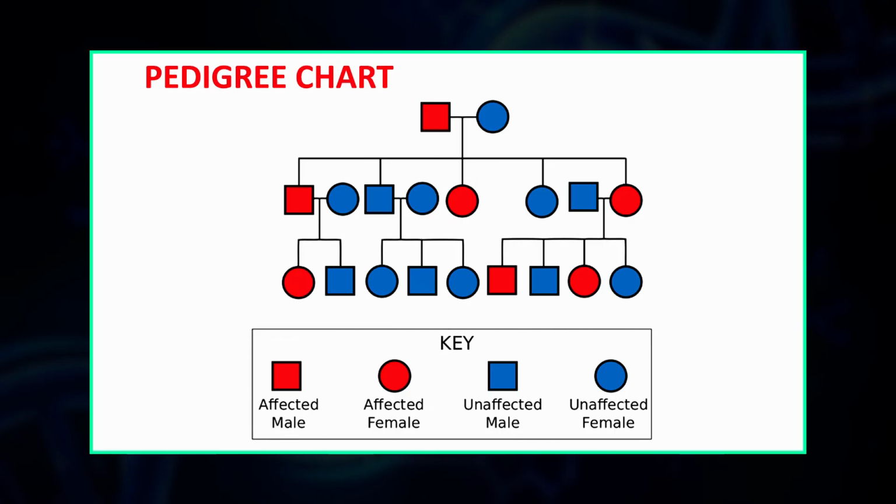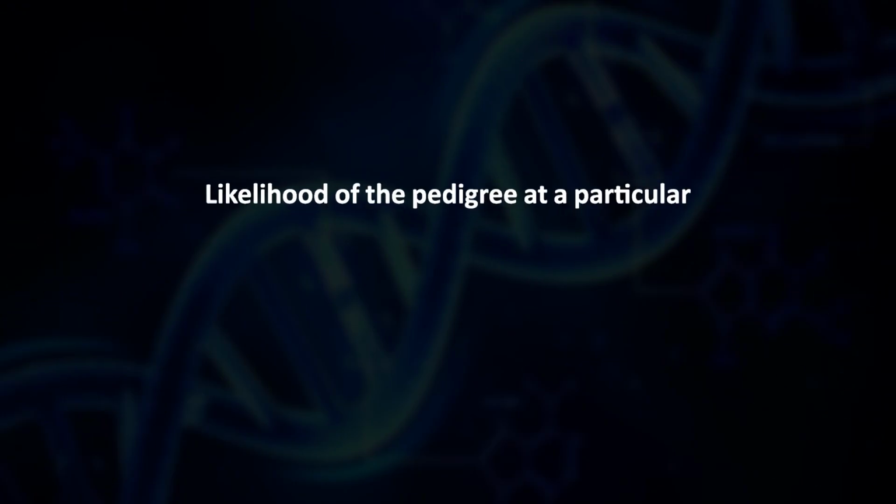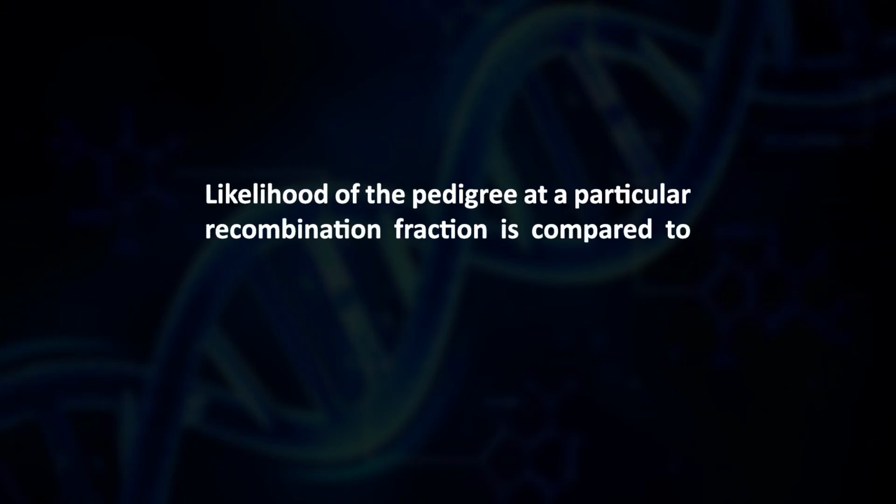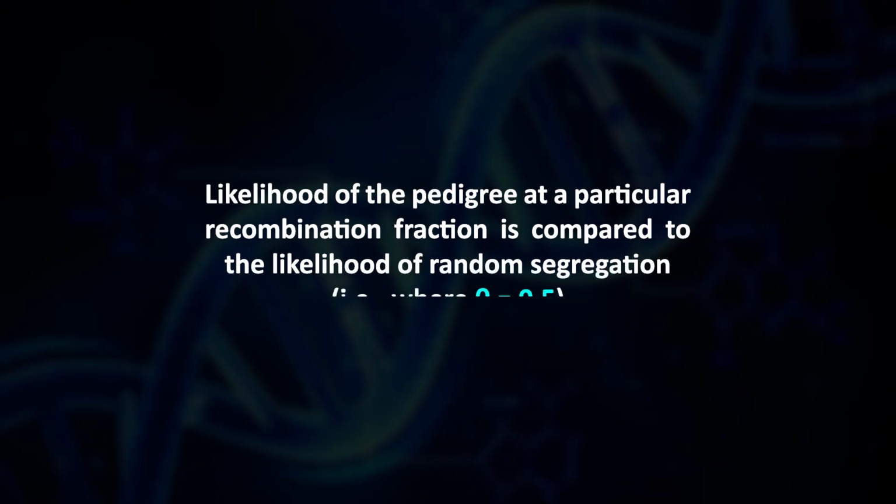represented in a pedigree is calculated for a set of different values for the recombination fraction. The likelihood of the pedigree at a particular recombination fraction is compared to the likelihood of random segregation, that is where theta is 0.5. A likelihood ratio presuming linkage compared with no linkage is calculated for a set of values of theta.